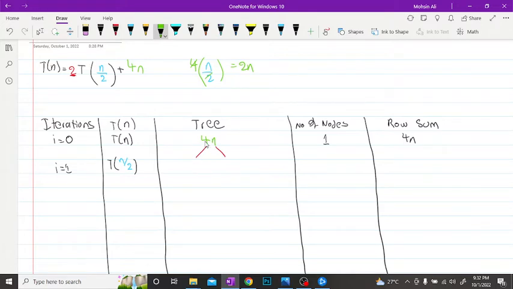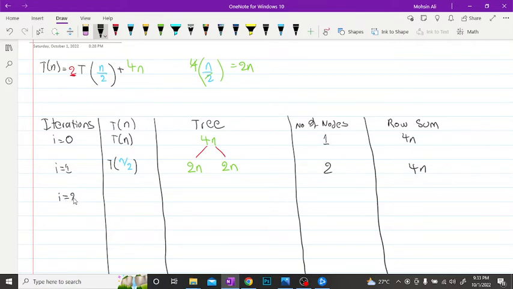So each node in this current level is going to be 2n and 2n. And the number of nodes that I have in this level is going to be 2. And the row sum for this level is going to be 4n, because 2n plus 2n is going to give me 4n.